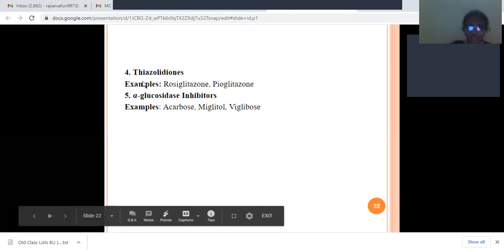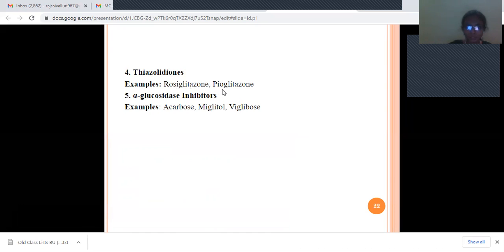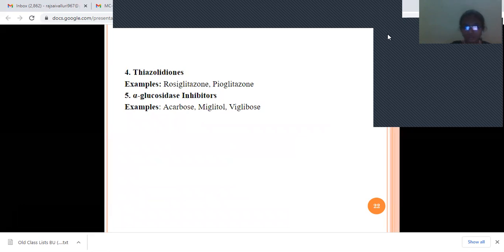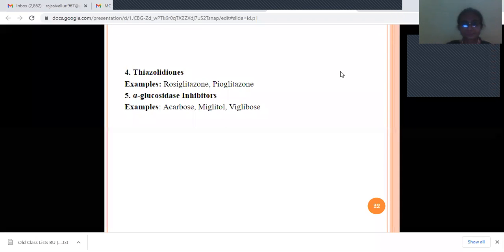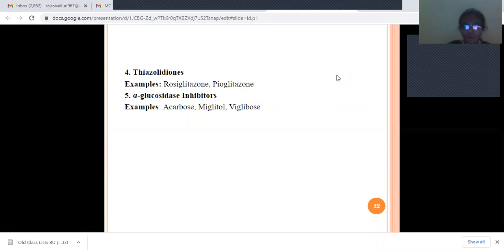Next one is thiazolidinediones, examples are rosiglitazone and pioglitazone. Next, alpha glucosidase inhibitors. Examples are acarbose and miglitol and voglibose. So these are the drugs used as the oral hypoglycemic agents.